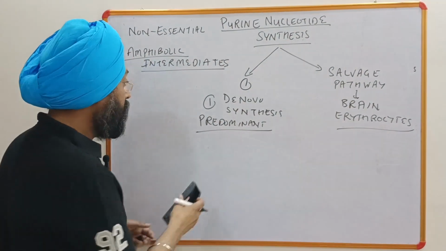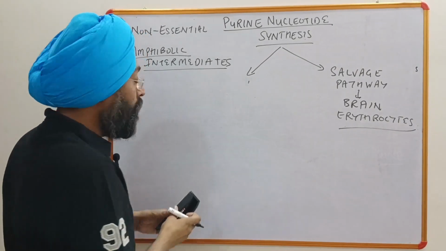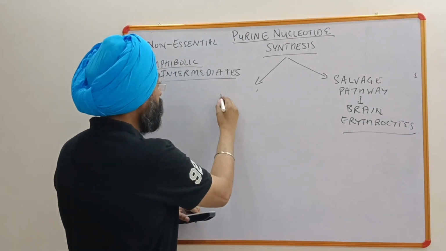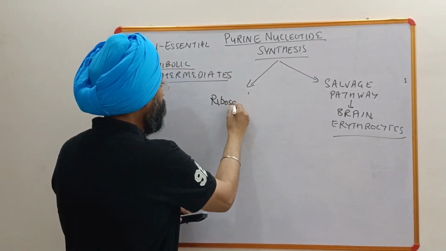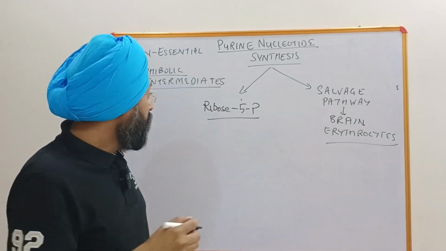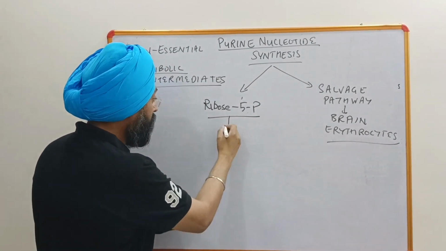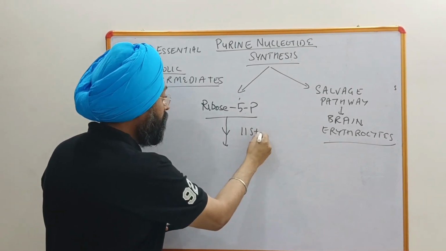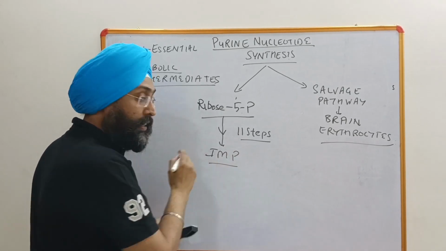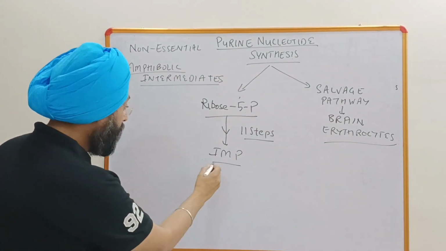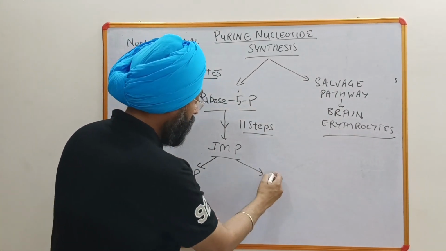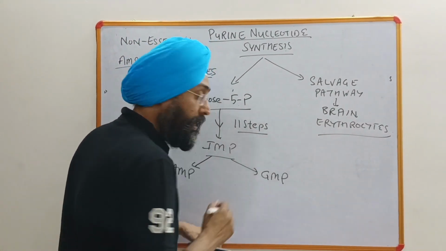So now we start with de novo synthesis. For de novo synthesis, we need first of all ribose 5-phosphate as the precursor molecule, right? So from ribose 5-phosphate, by a total of 11 steps, we will get IMP, right? From IMP, we can synthesize AMP and GMP, right?